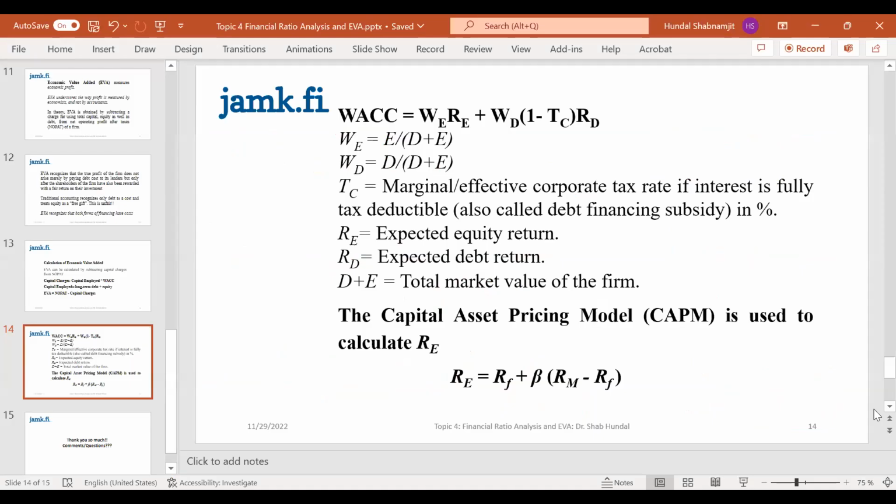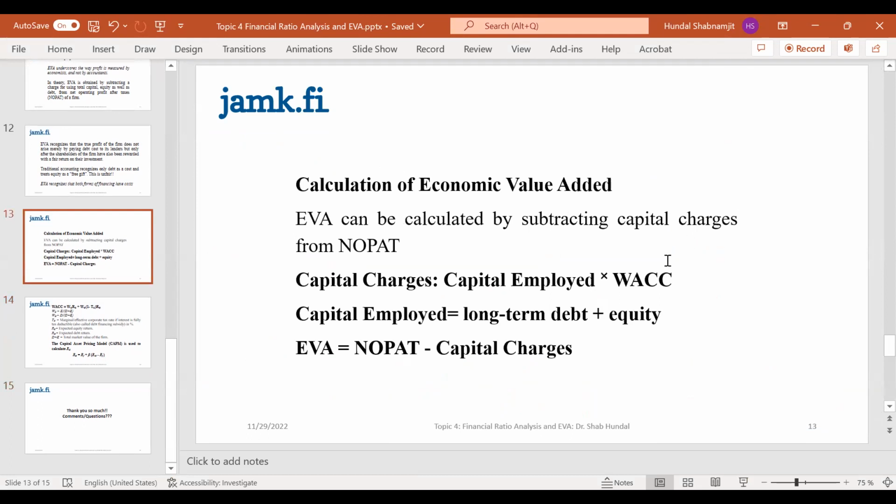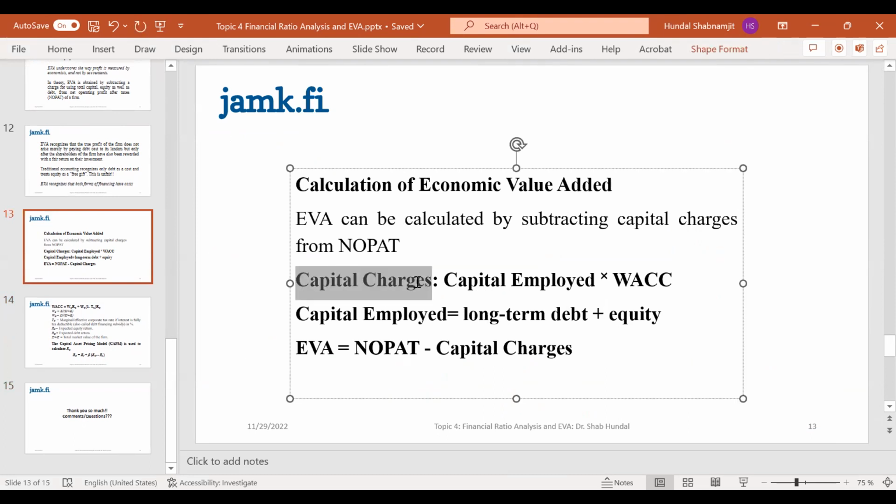Okay, and then we put all these numbers in and calculate the weighted average cost of capital. Once we have it, we multiply it by the total capital employed, which is long-term debt plus equity. That gives us the capital charges.